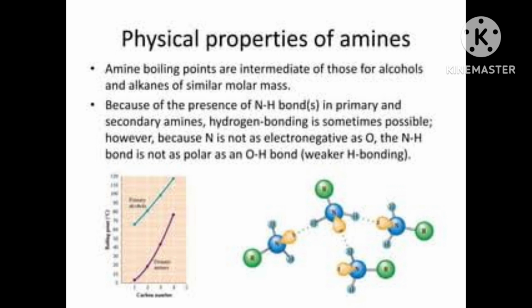Primary and secondary amines are engaged in intermolecular association due to hydrogen bonding between nitrogen of one and hydrogen of another molecule. Okay, this point is important.